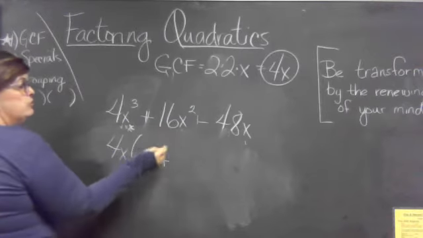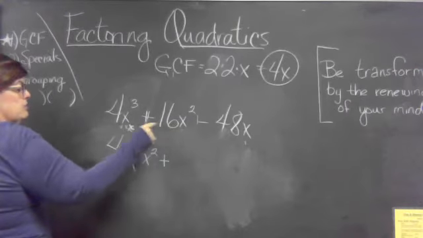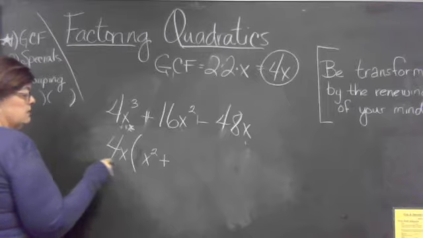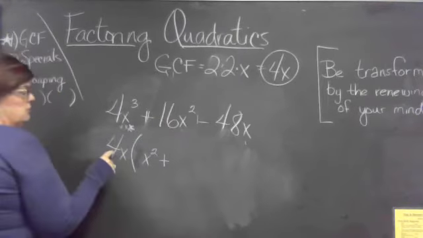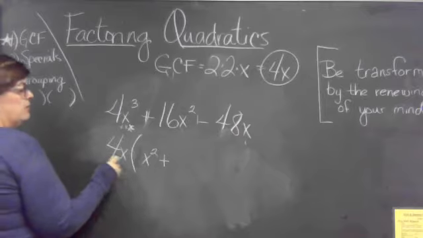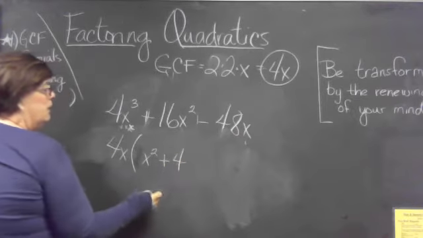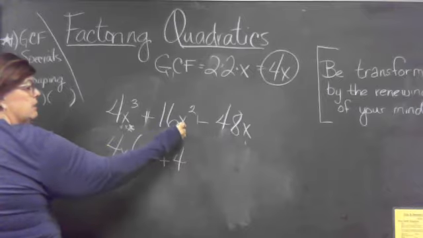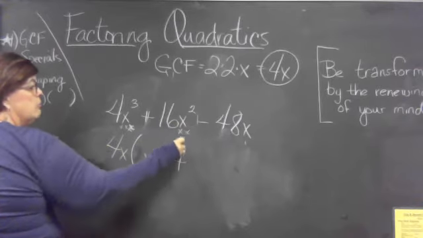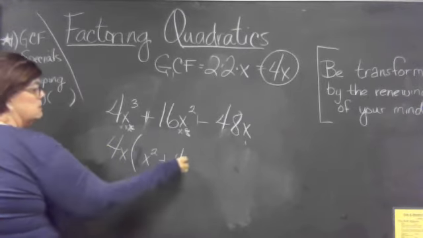Now the original was 16. I want to divide a 4 out. I've got to take this 4x out of each term. So 16 divided by 4 is 4. But make sure that you're taking an x out of here. Now this was x times x, but we took 1 out.